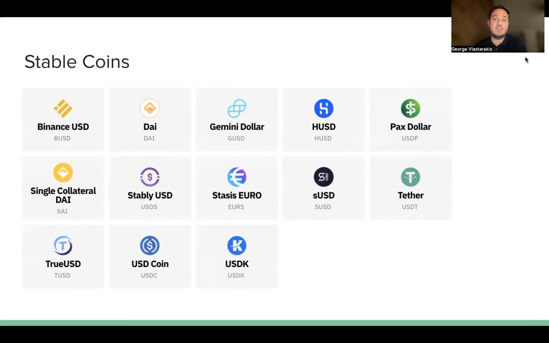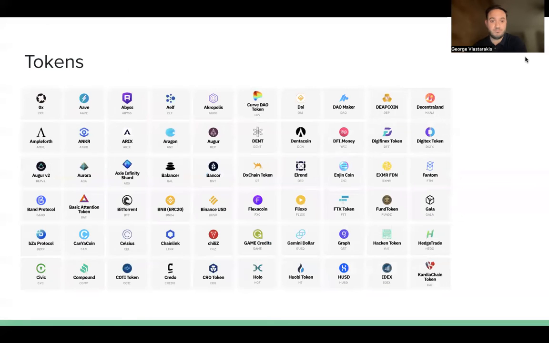And we can see that some of these stable coins do relate to big platforms such as Binance. As we introduced earlier, they have their Binance coin, but they also have a stable coin. Gemini dollar, Gemini we'll see is another big platform that offers many products, Tether, and many more.